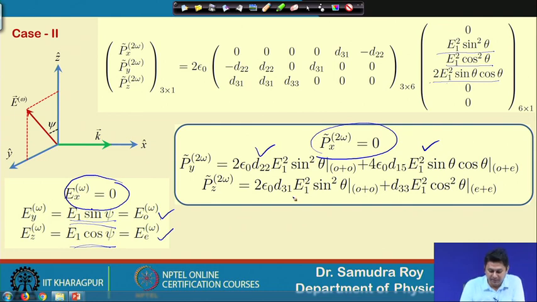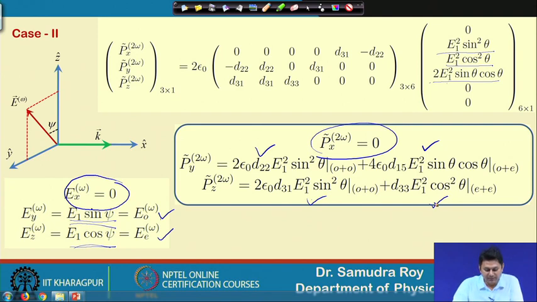P z is d 3 1 1 and another is d 3 3 E 1 cos square theta. So, there are many terms in this matrix.